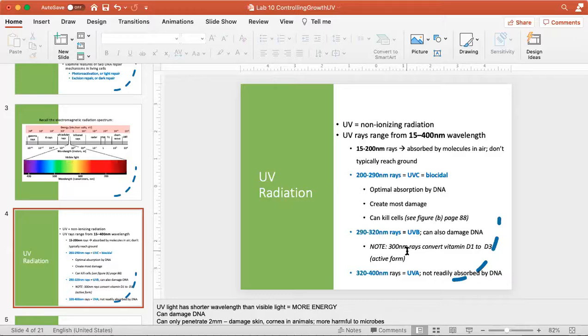Now, finally, we have UVA, which ranges from 320 to 400 nanometers in wavelength. UVA is not readily absorbed by DNA. So this is a type of ultraviolet that is not causing the DNA damage in living cells.